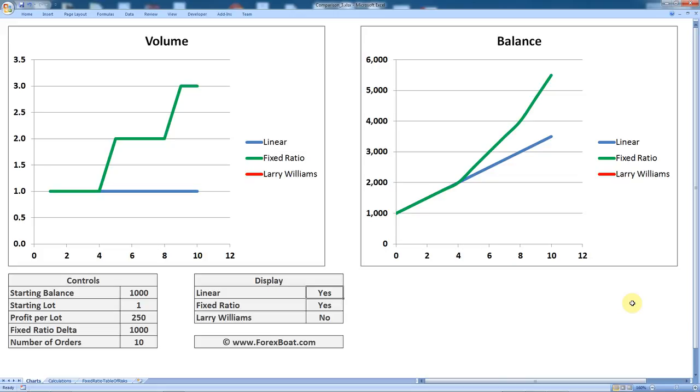And that will allow us to see how these methods affect our trading strategies in different ways, how much faster the account balance growth is in one method compared to the other, and it will also allow you to basically model something very close to your style of trading and see for yourself in a risk-free environment how your trading style is affected by the money management method you choose, which I think personally is a very powerful way of analyzing how you should manage your funds when you're trading.